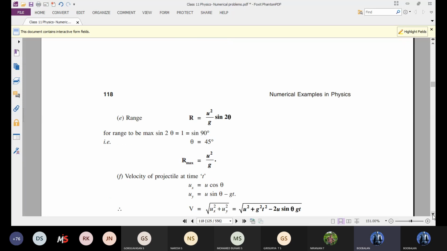Range formula is u square by g sin 2 theta, based on the value of 2 theta. Theta value 45 degree, so 2 theta is 90, and sin 90 is 1. So the range R is u square by g.